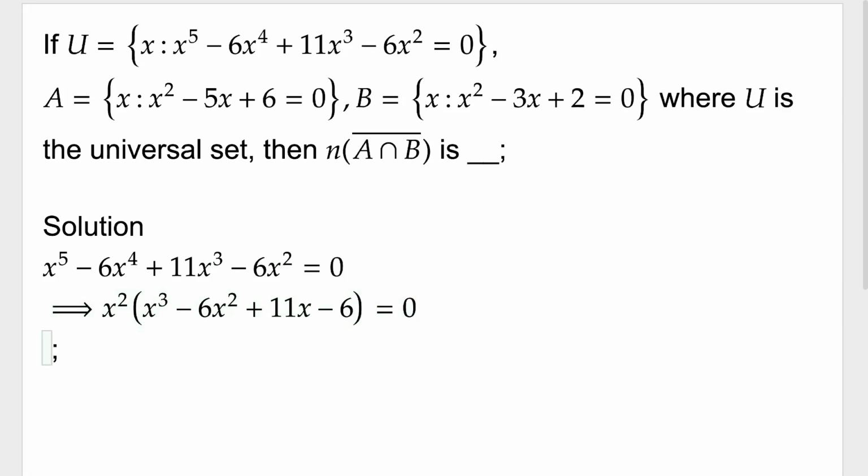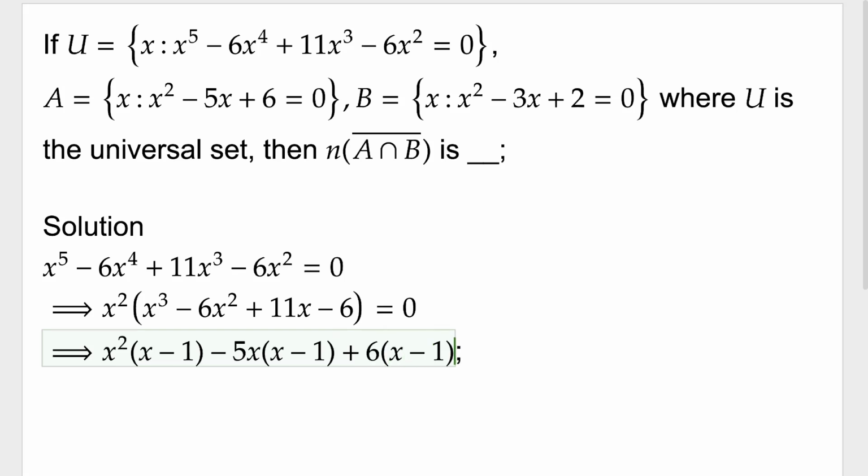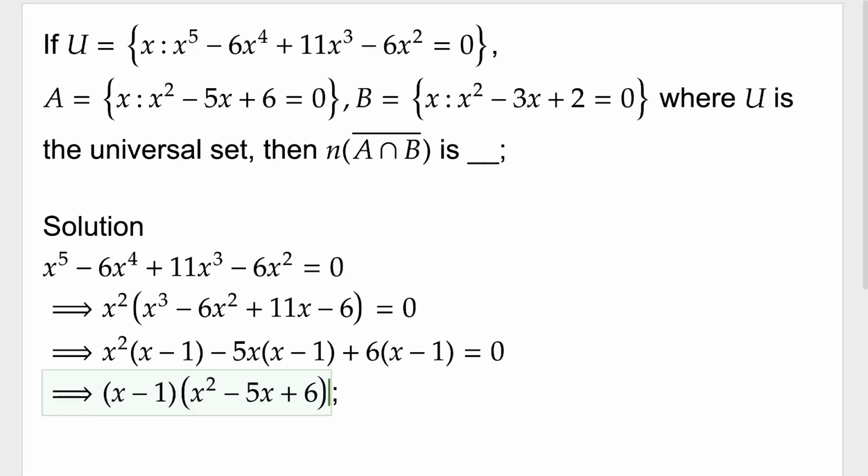Now we can write this as x square, and this internal expression can be written as x minus 1 minus 5x times x minus 1, and here plus 6 times x minus 1. So basic algebraic manipulation. Now from this we can write x minus 1 as the common factor, and the quadratic equation over here, that is x square minus 5x plus 6 equals 0.